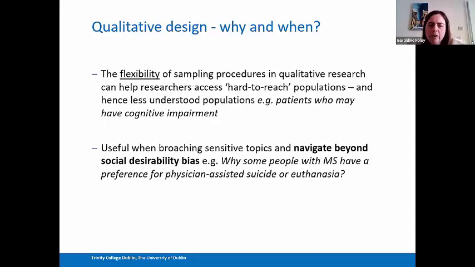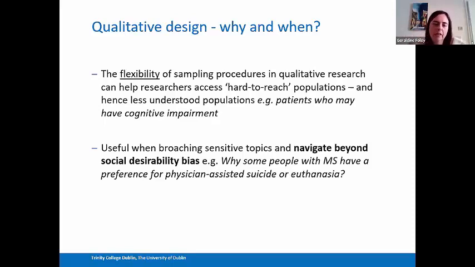And as I said, it is very useful when broaching sensitive topics, and particularly relevant in palliative care for navigating beyond the social desirability answers people often give in surveys or instruments that measure particular domains.